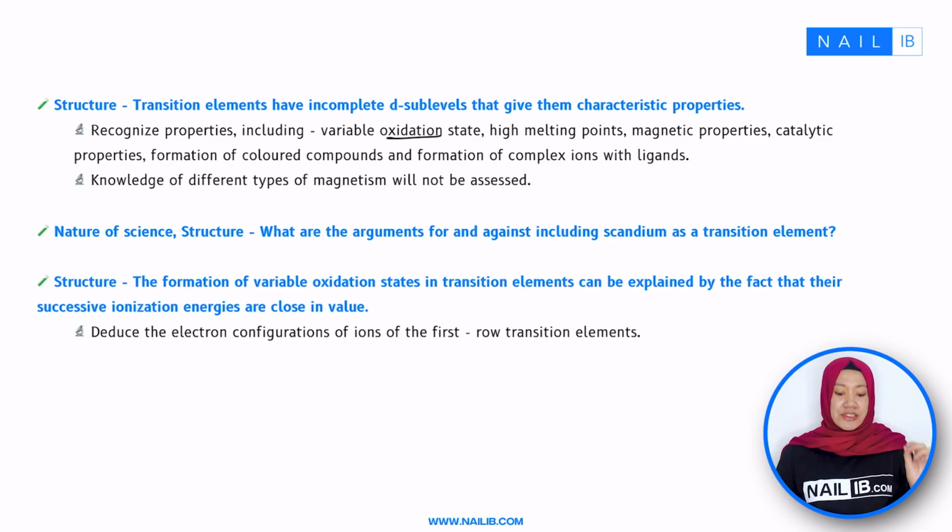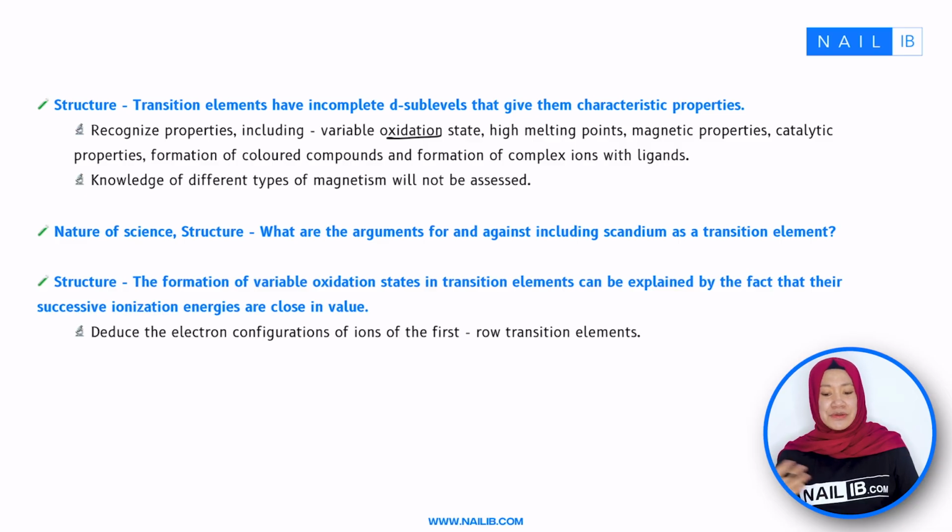That's why copper could be Cu 2+ and Cu 3+, and also Mn 2+, 3+, 6+ and 7+, because the energy that is required to remove these electrons is similar.